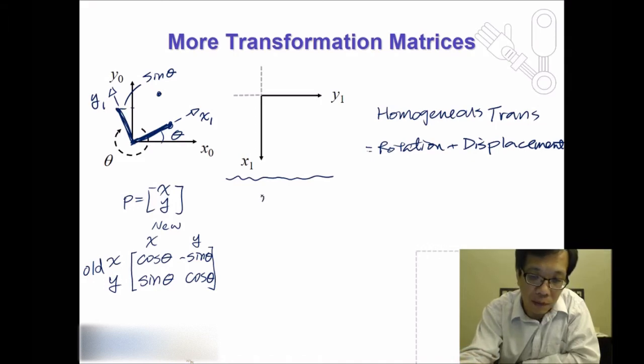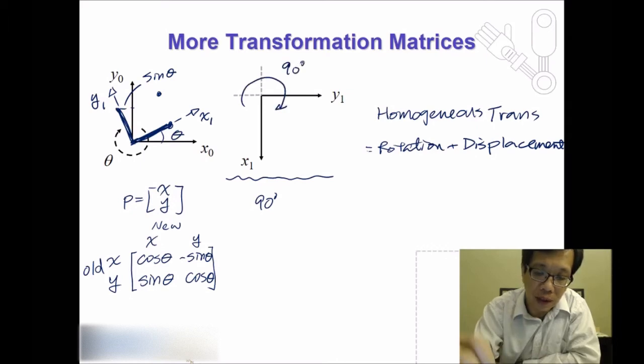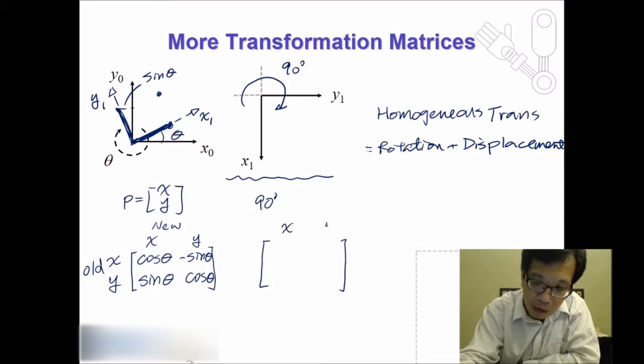So if theta is 90 degrees, then the projection is pretty straightforward, because keep in mind we have xy components over here.